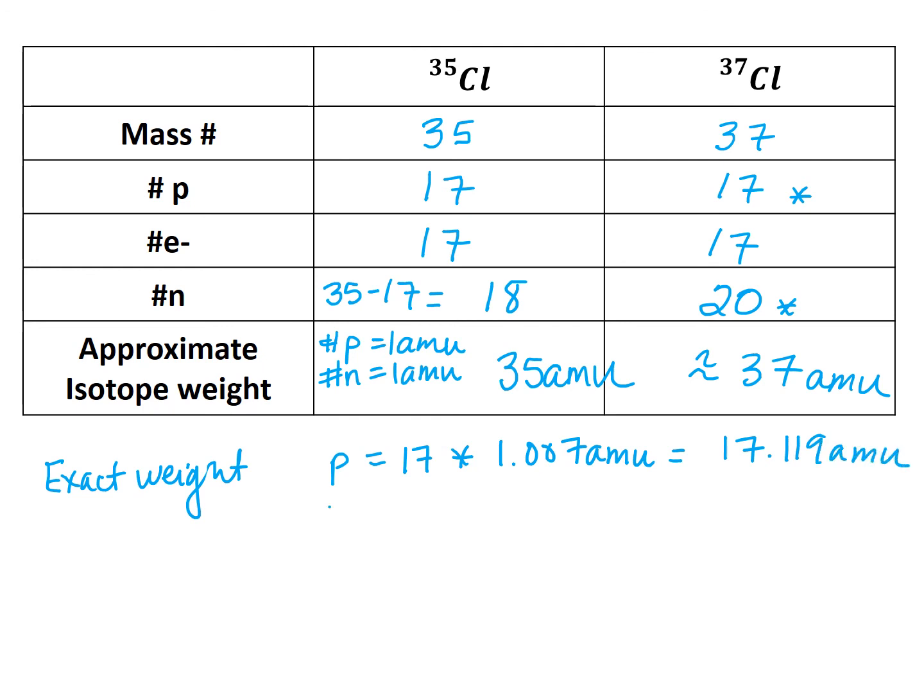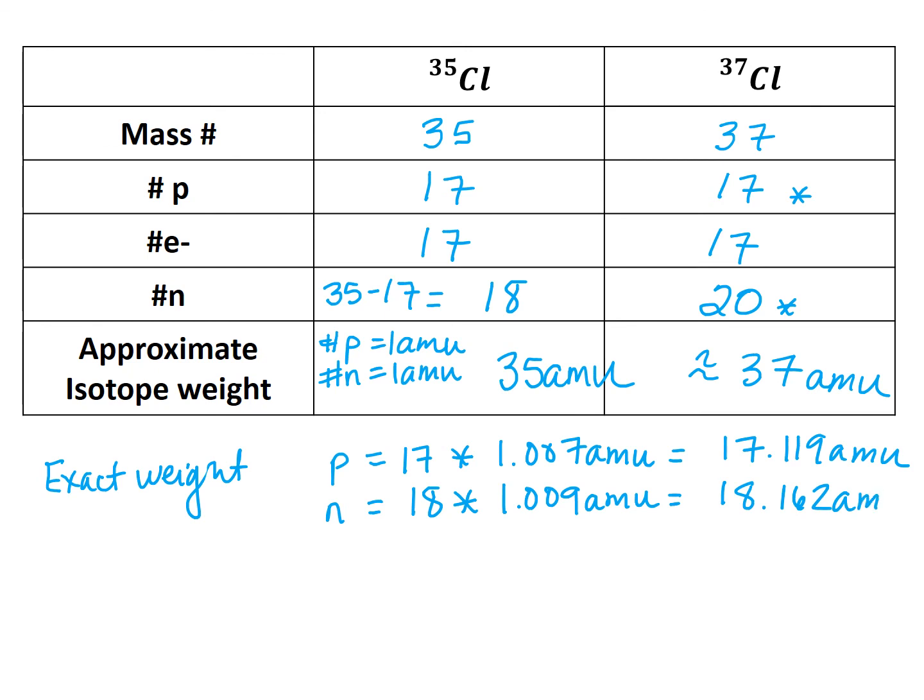And then we say, okay, the number of neutrons in this atom is 18, and we multiply that by 1.009 AMU, the exact weight of a neutron, and we get 18.162 AMU.